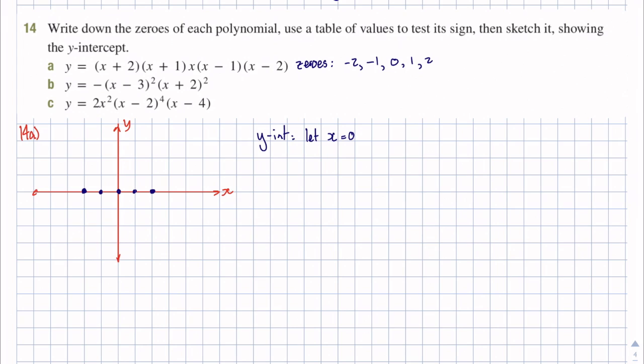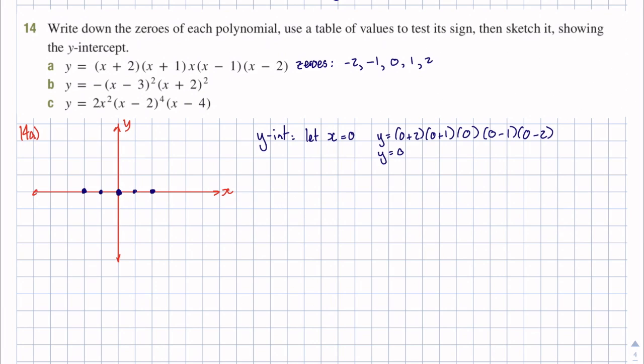So we get y equals 0 plus 2, 0 plus 1, 0, 0 take 1, 0 take 2. You could put that in your calculator, or you could realise that the number 0 is here, so it's going to come out as y equals 0. So its y-intercept is actually going to be here, which makes sense.